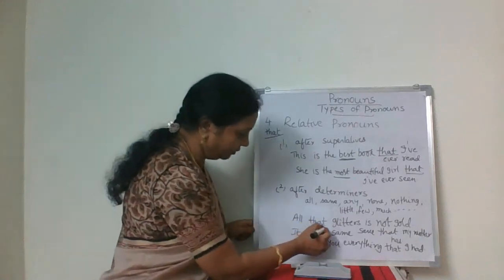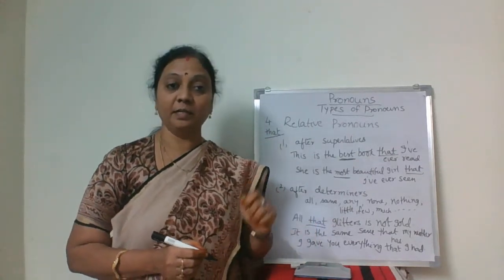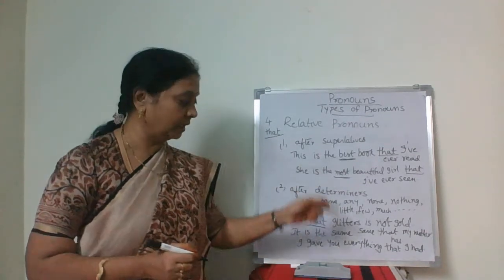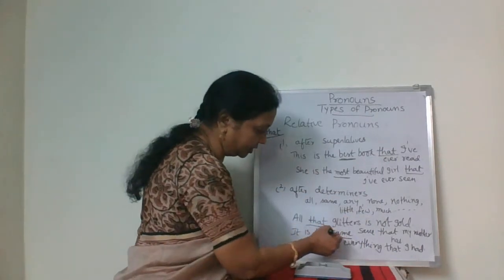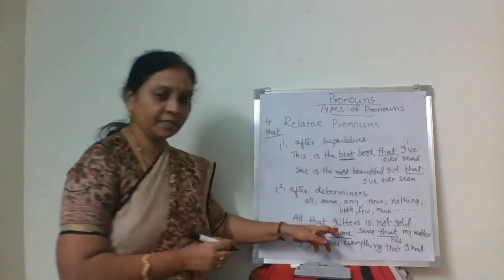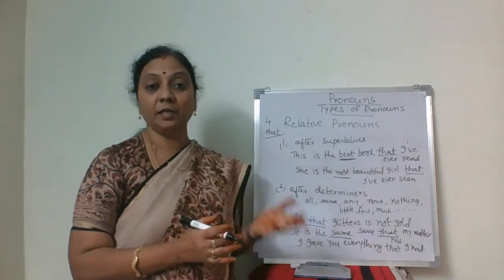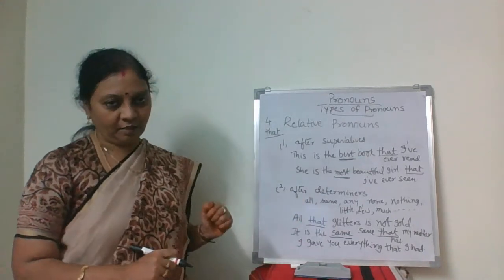This is the same saree that my mother bought. Same and that, see the combination. Same is a determiner. This is the same saree which my mother has is wrong. That is the difference you have to identify.